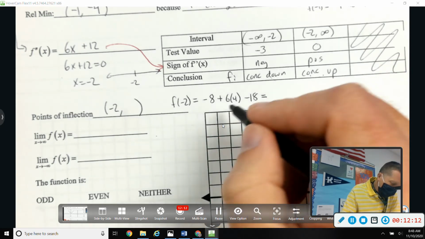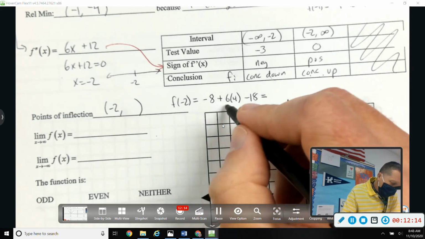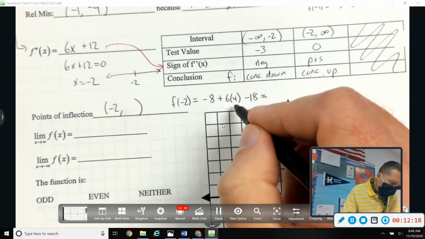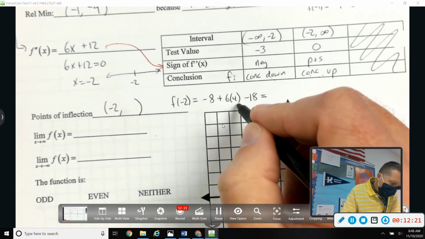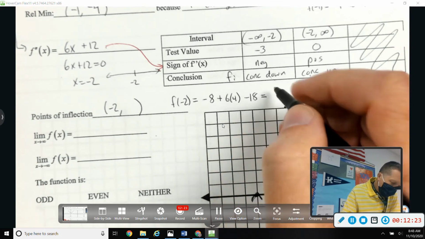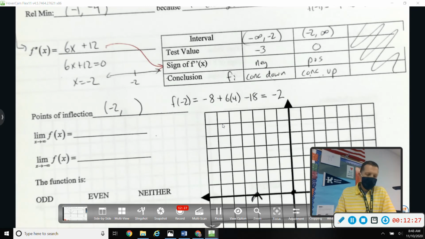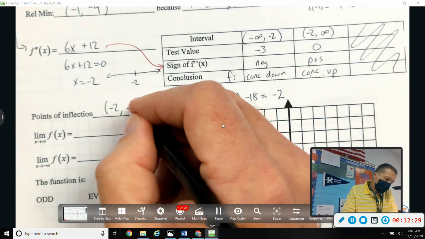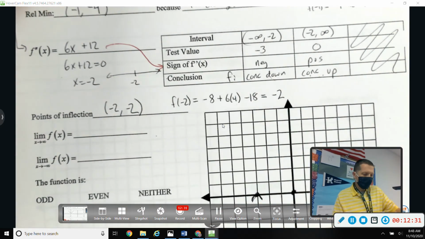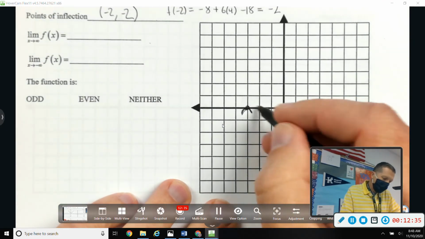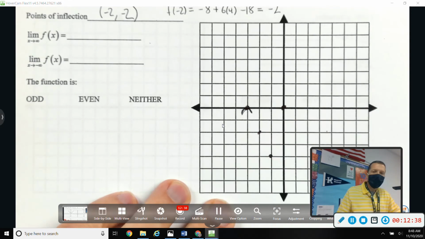Let's see, that would be negative 8 plus 24, which is positive 16. 16 minus 18 is negative 2, I think. So negative 2, negative 2 is a point of inflection. Oh, that fits on the graph with what we think is going on.